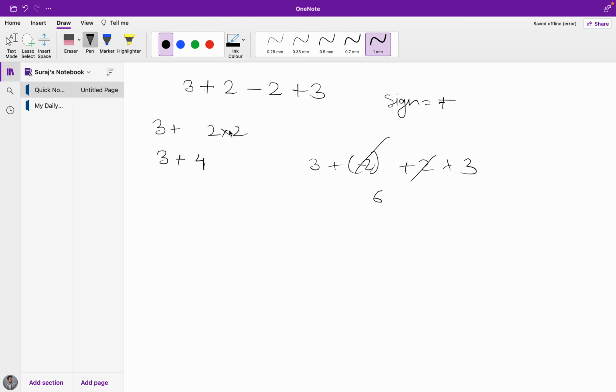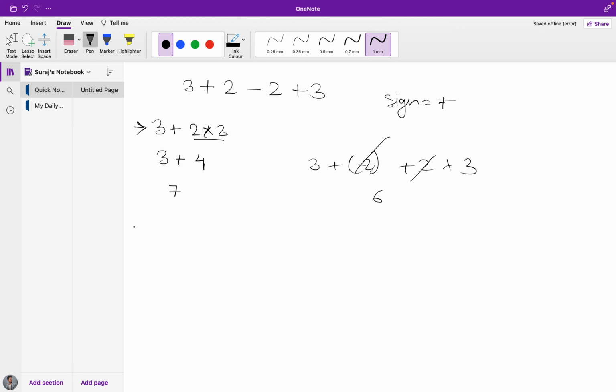Now it will be 7. So I have to first solve this one, not this one. Somehow I need to first solve this, and then I'm going to solve this one. So this is the challenge here.